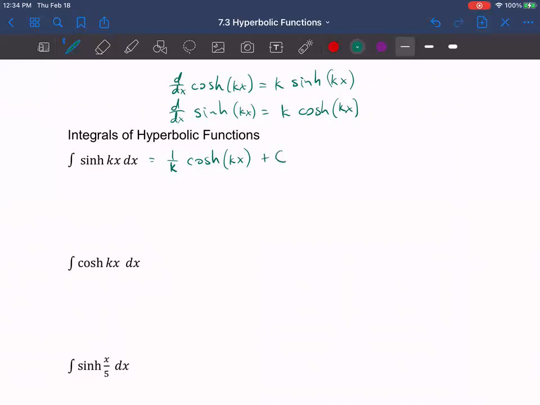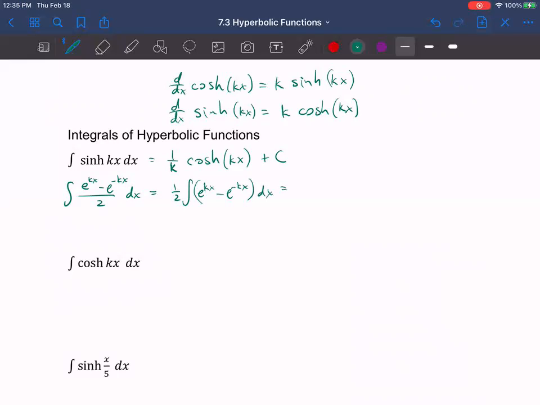And if you want to try this one and really see it, you can do the integral of (e^(kx) minus e^(-kx))/2 dx. Bring your 1/2 out front. Integral of e^(kx) minus e^(-kx) dx.